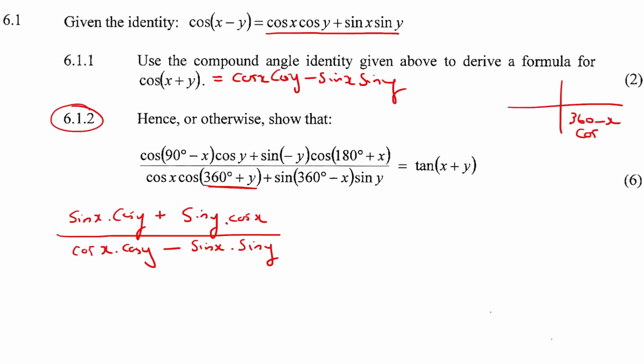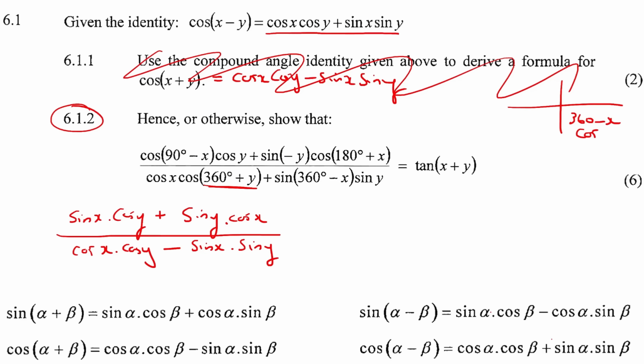Okay, now I'm not even going to look at this over here. We don't need that because they said hence or otherwise, so you don't have to use this previous stuff. Let's go get our formula sheet now, and let's find an expression that looks like this. So it's a sin cos. It doesn't matter if the cos and sin are switched around.